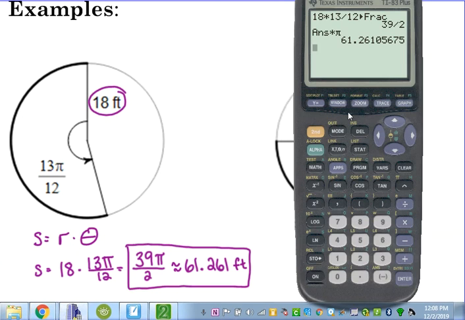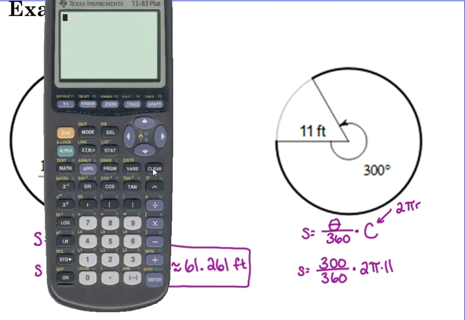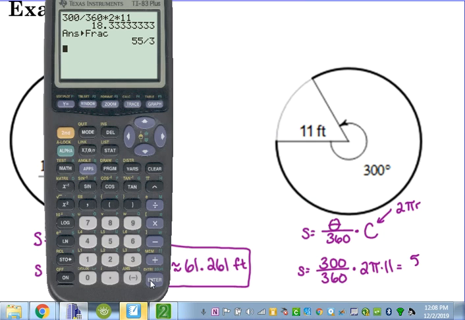We're going to do this one the same way. We want the exact answer, so we don't multiply out the pi. We multiply everything else. 300 over 360 times 2 times 11. And it's going to be a fraction. So 55 pi over 3. Okay, so everything but the pi, and then just put the pi in the numerator.